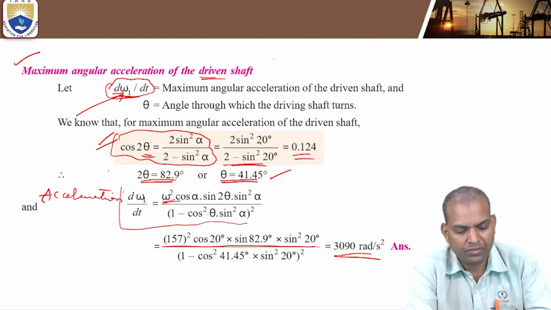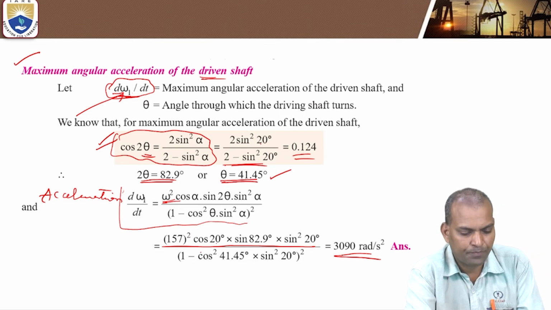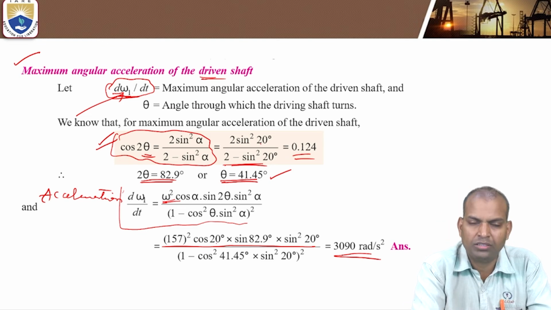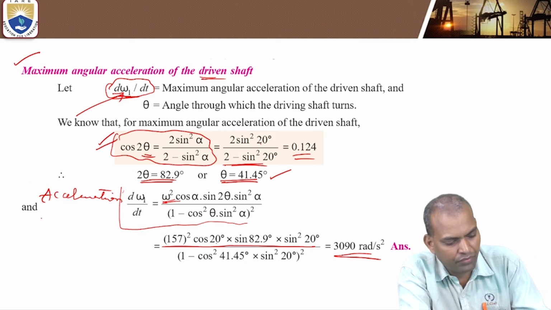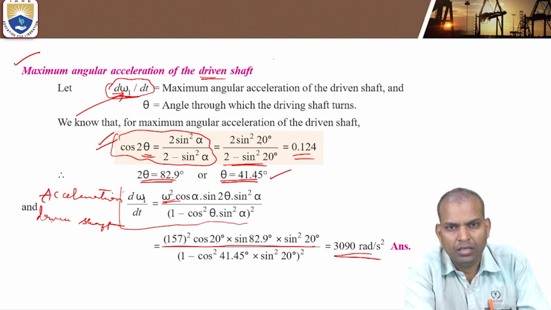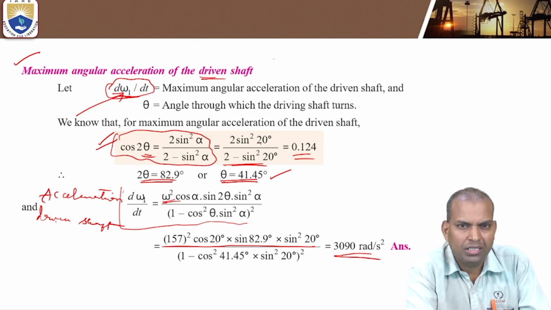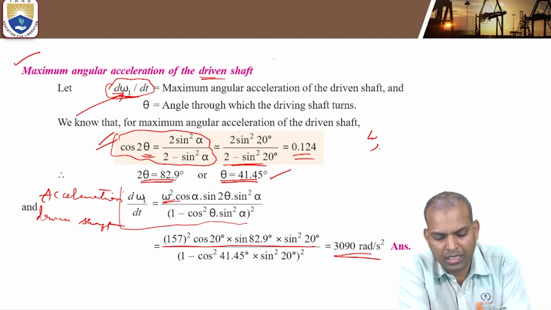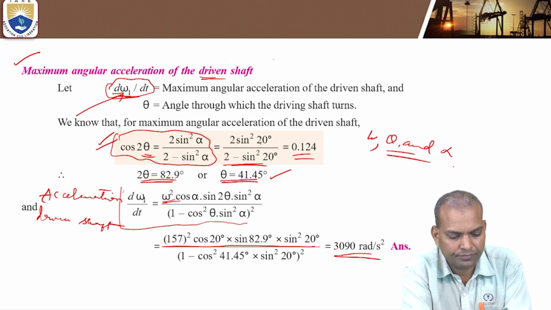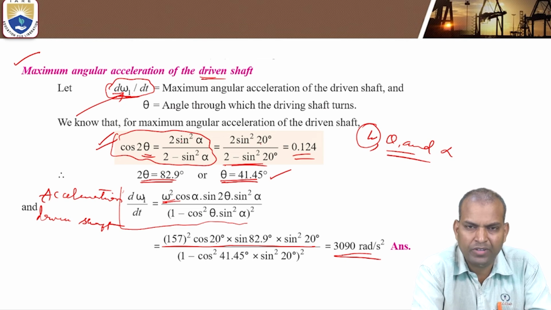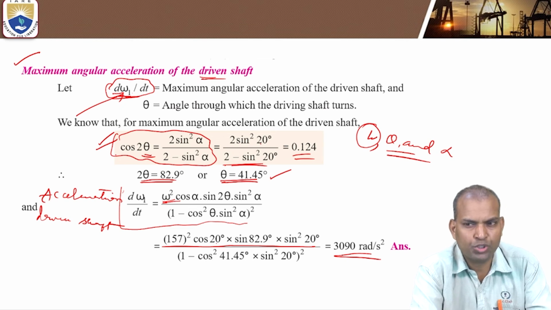Then in the acceleration formula, we substituted both α and θ. Now, a very important interpretation: the angular acceleration of the driven shaft is dependent on the angular velocity of the driving shaft, the angle turned by the driving shaft, and the angle of inclination between the two axes, that is ω, θ and α. Here ω remains constant, because it is uniform angular velocity, 1500 revolutions per minute.